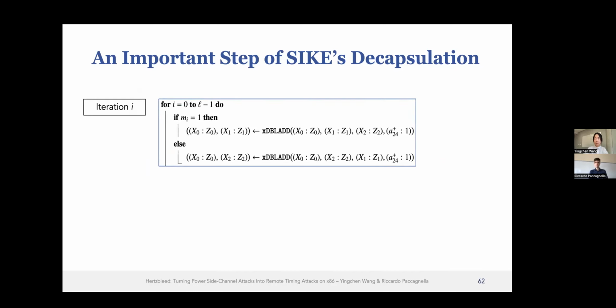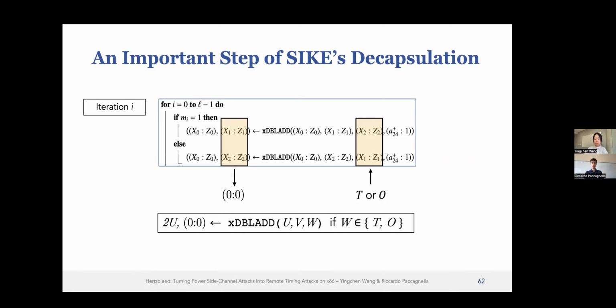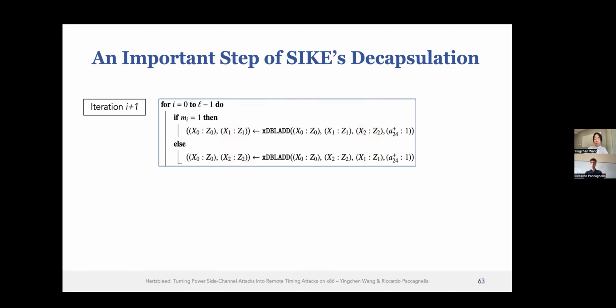Suppose we're at iteration i, and somehow we put a T into the xDBLADD function as the third input. This function will give us an invalid point (0, 0) due to the corner case we just covered. During the next iteration i plus 1, this (0, 0) will be passed into the xDBLADD function either as the third input or as the second input. It doesn't matter. This function will output (0, 0) again.